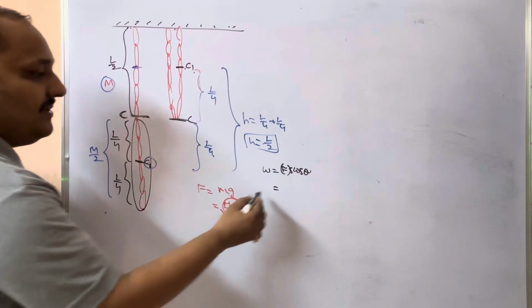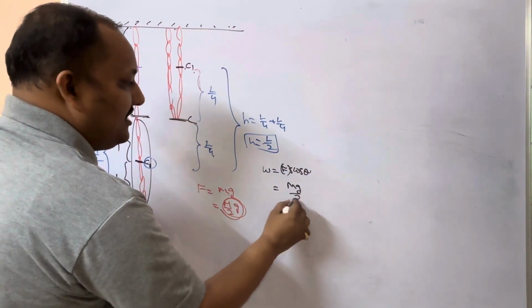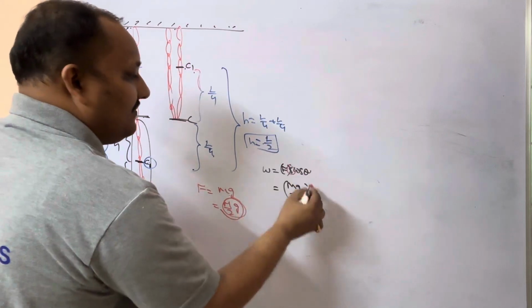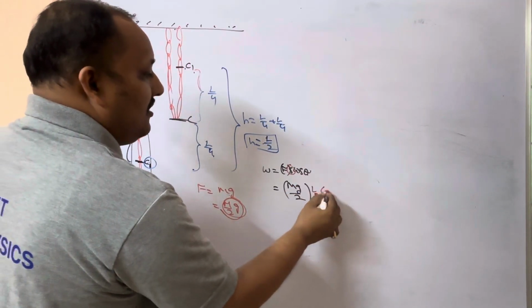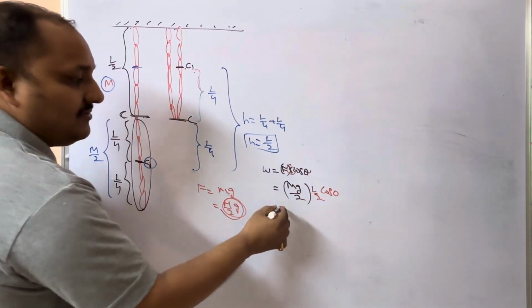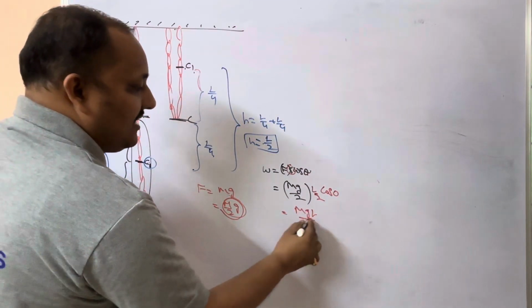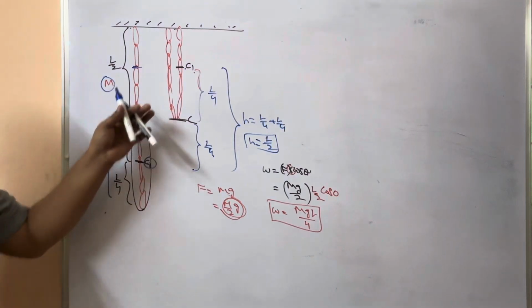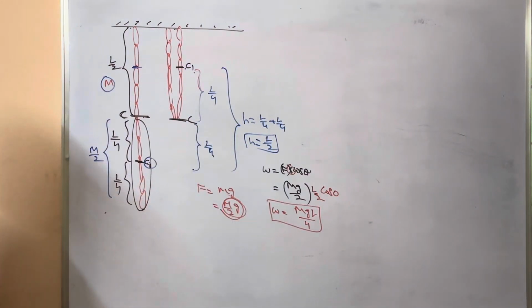Force is mg by 2, S is L by 2. The applied force means cos 0, the gravitational force means cos 180. So it is mgL by 4. Very, very important equation. So in this case, the work we have done is mgL by 4.